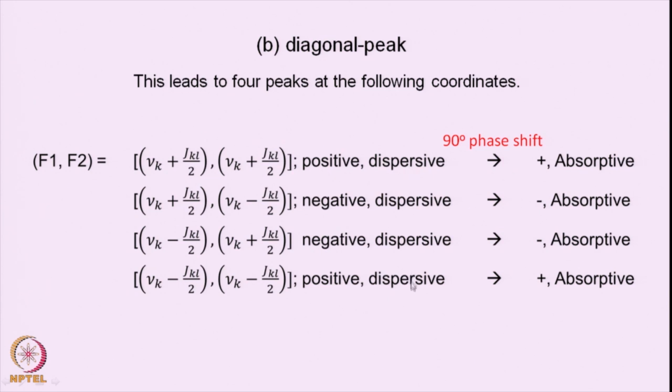So in either case we had dispersive line shapes in both the cross peak and the diagonal peak. Therefore if I apply a 90 degrees phase shift here, here also I will get absorptive line shapes. Therefore I get plus absorptive, minus absorptive, minus absorptive, plus absorptive.